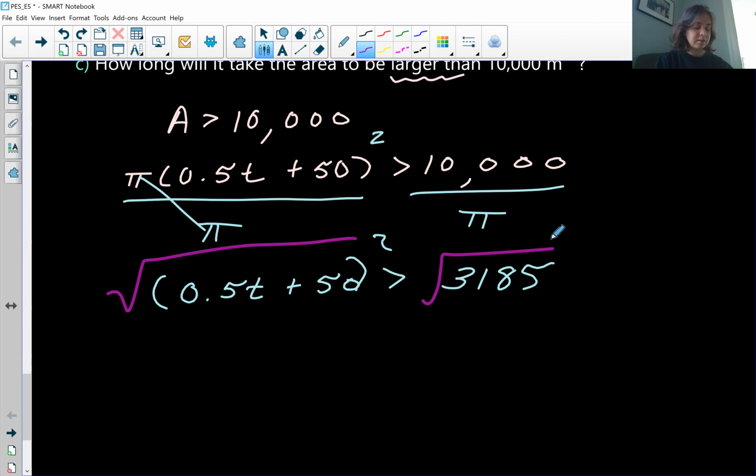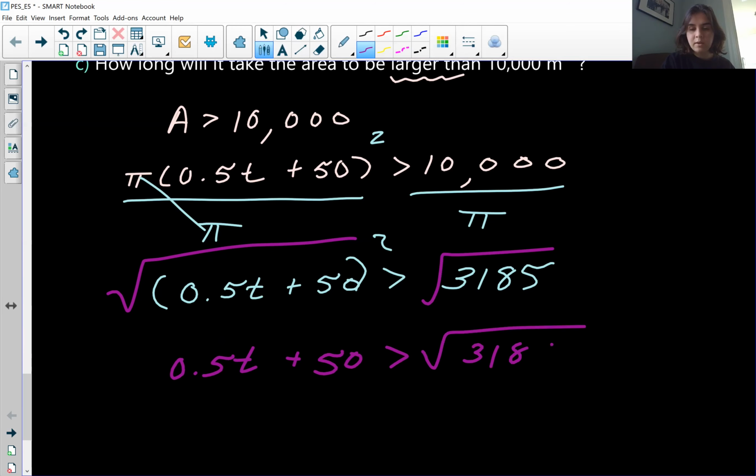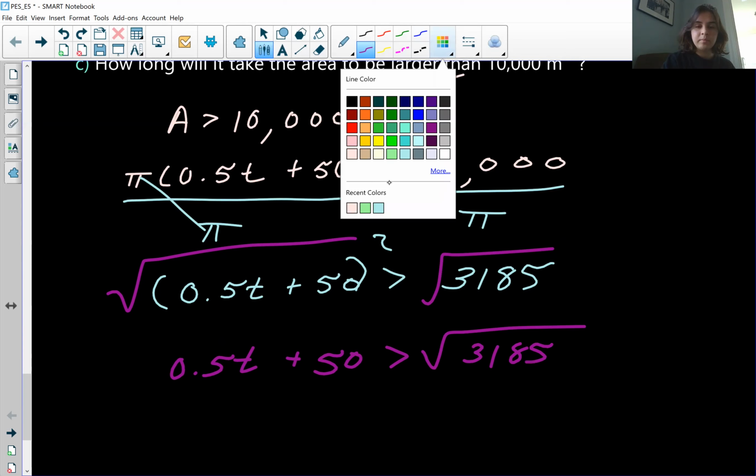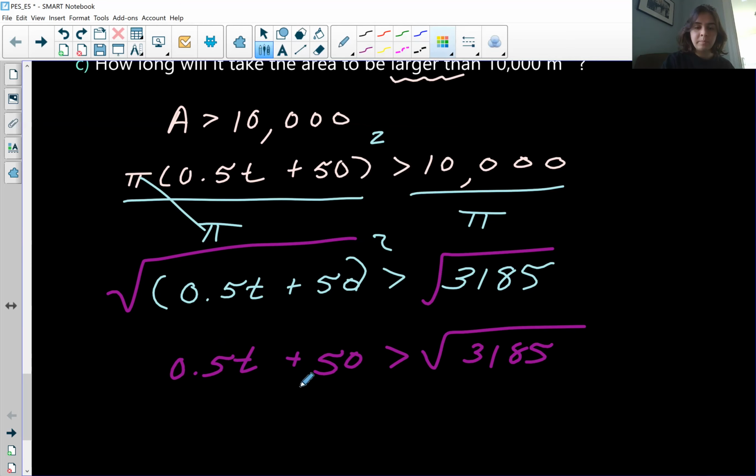Very important. And then so you would do that. I'm just going to leave it in that form because I don't want to calculate it right now. Greater than square root of 3185. I'm going to move this along. You would subtract 50.